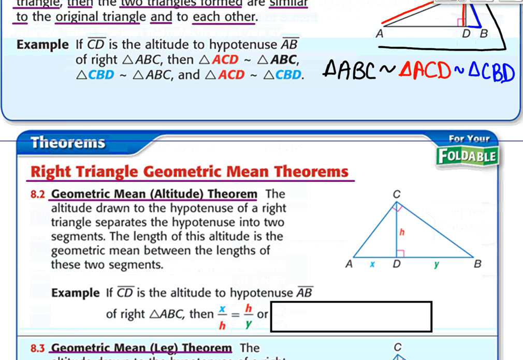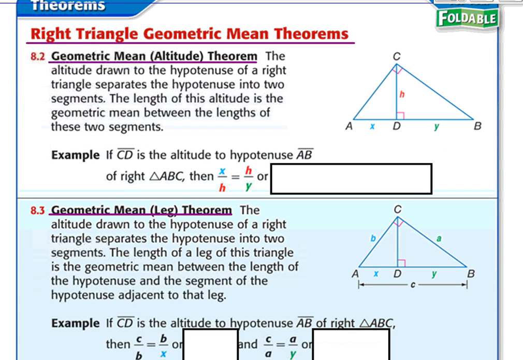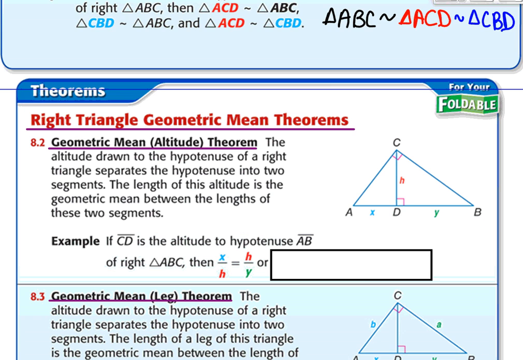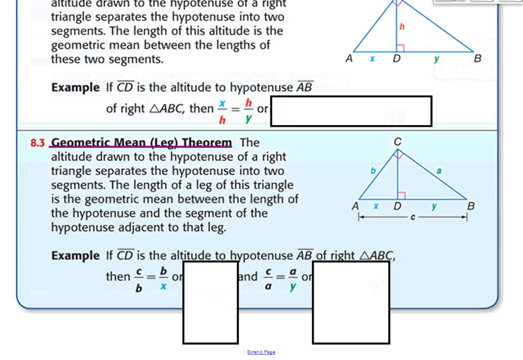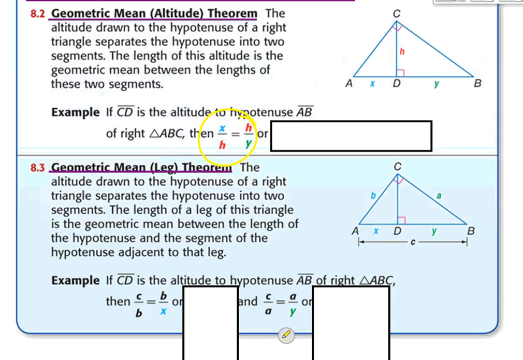Now I'm going to write these fill in the blanks. If you don't get that done, I will put that up at the beginning of the hour tomorrow when I'm back. So this one says that x over h equals h over y. And this is the geometric mean altitude theorem.